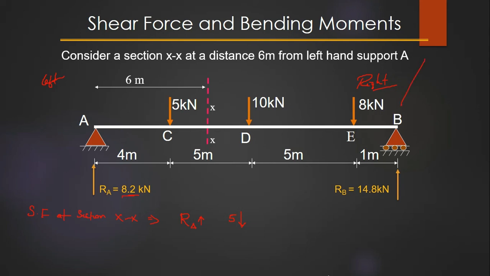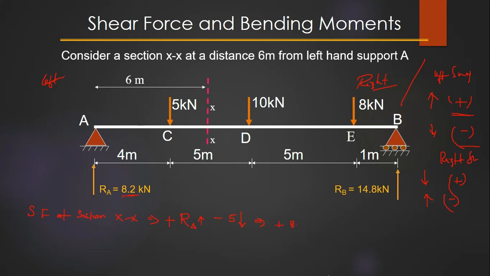I told you earlier, for left side, upward is positive, downward is negative. For right hand side, if you consider the right side, you need to follow this convention: downward positive, upward negative. So I'm considering the left hand side of that section, therefore follow this convention. So upward positive, downward negative.